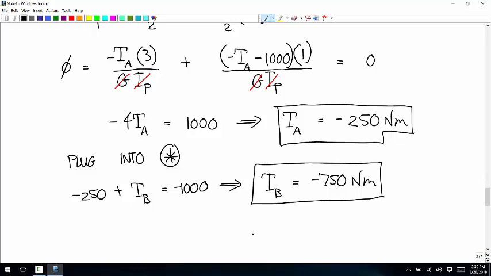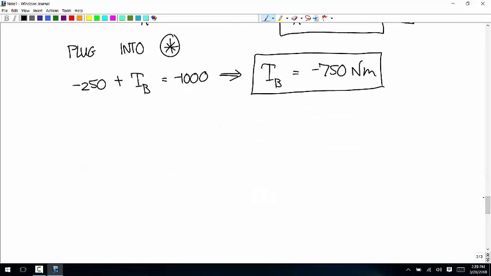How would you figure out the angle of rotation at the torque applied? That's a good question. So the way you would do that is, we know the internal torques everywhere. So if you plotted this out, here's 3, here's 4.